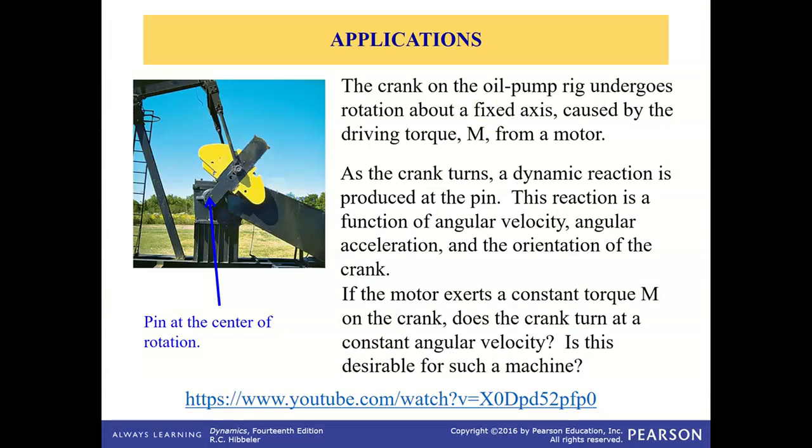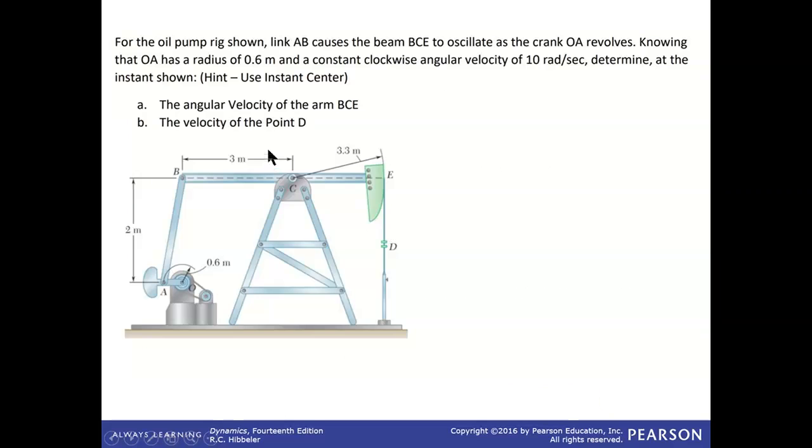This is a very practical situation where we need to apply rigid body kinetics and the equations of motion for the analysis of forces exerted on the pin, as well as the angular acceleration and angular velocity of the crank. This is one example of the practical importance of the analysis that we are doing. If you know the angular velocity of the crank and the size of the oil pump rig, then one can calculate the angular velocity of the link BCE, which is this horizontal link.